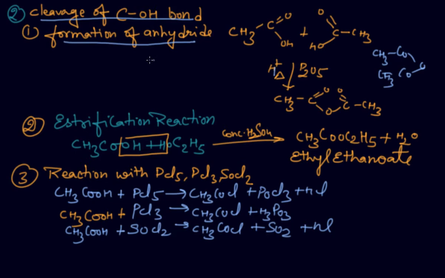You can meet one more. I am remembering here where you can use P2O5: when you have to convert any amide into nitrile. Suppose I am taking hexane amide, and if you would like to convert it into hexane nitrile, 1, 2, 3, 4, 5, 6, and then N, this we can get by using P2O5.